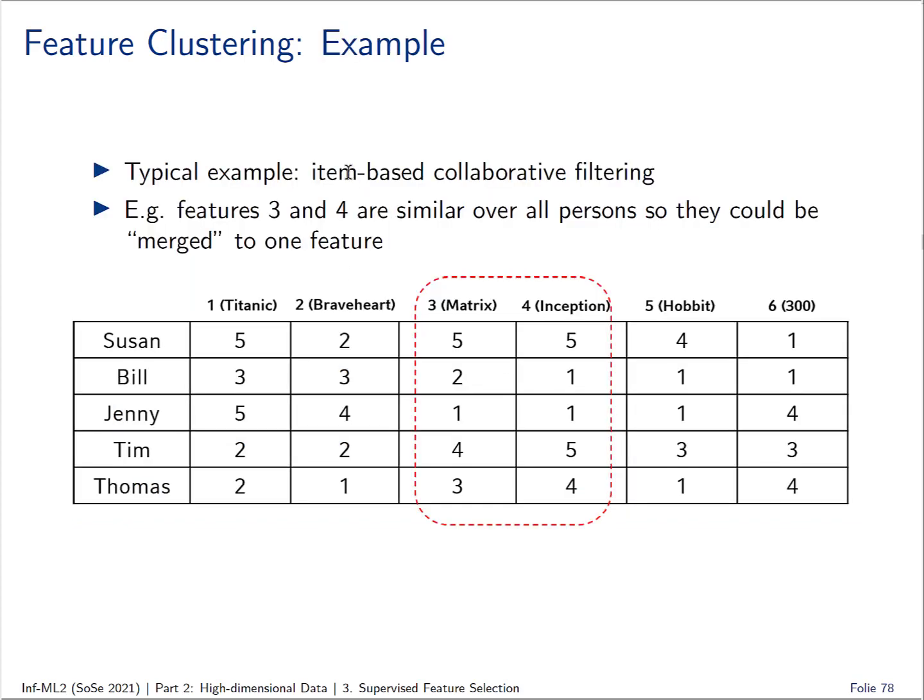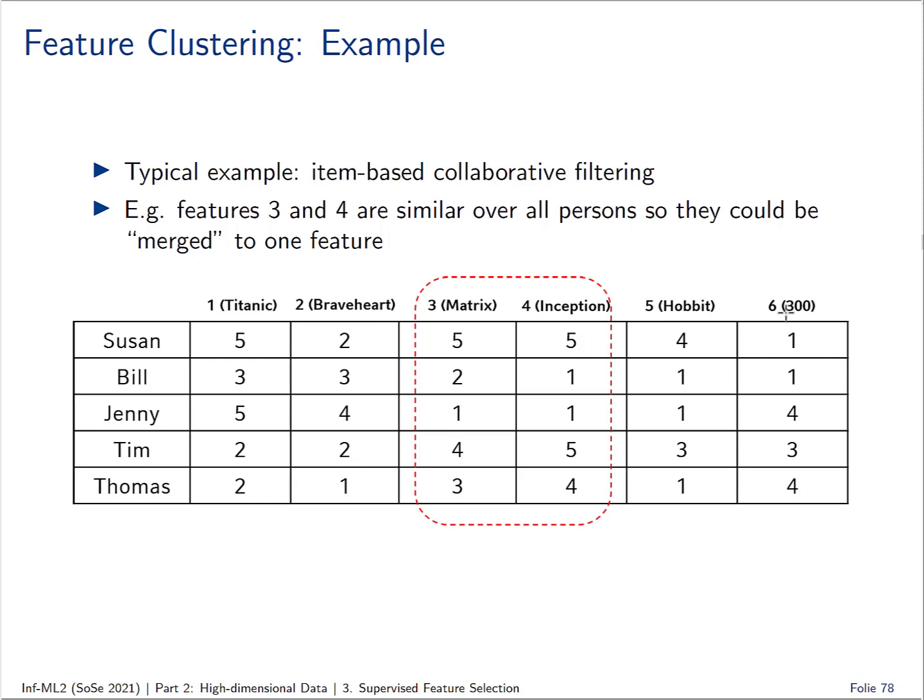So here's an example from item-based collaborative filtering. That is typically a killer application for feature clustering. You see here that the original data set has as observations the different persons that rate something, and the ratings of these somethings, which are obviously movies, are the features.